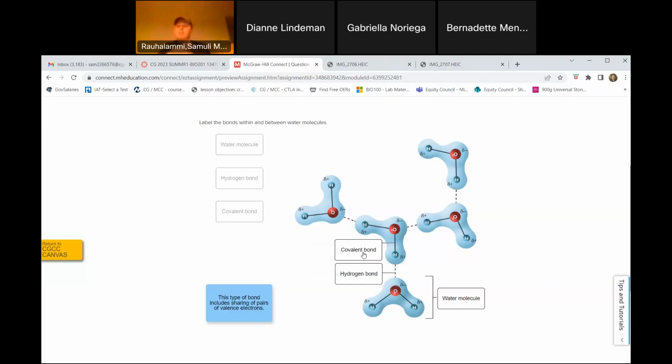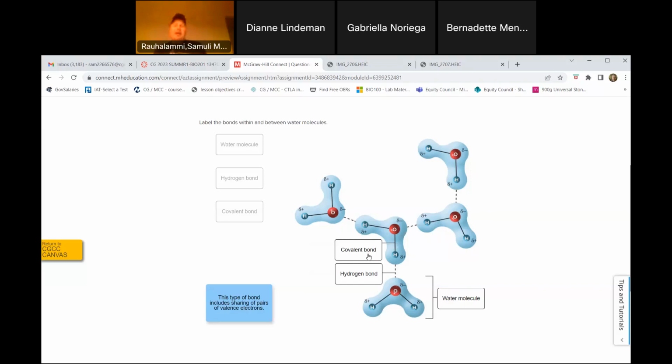The electrons don't fully move from one atom to another, they're just shared. Whenever we share a pair of electrons, we show it on these diagrams as a line between these atoms. So there's 2 shared electrons that we're seeing here between each hydrogen and the oxygen.